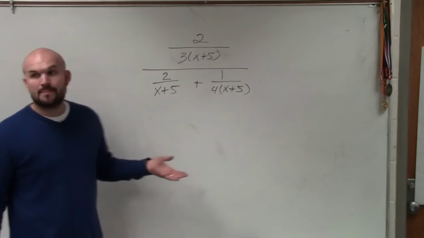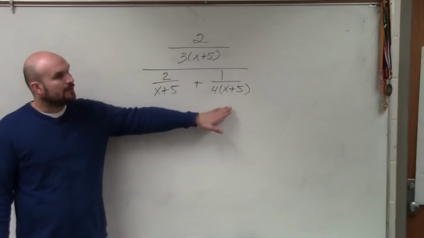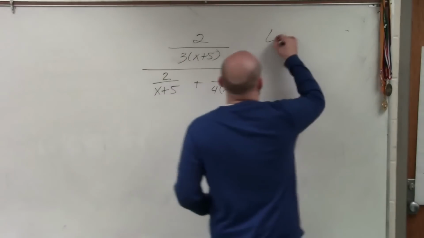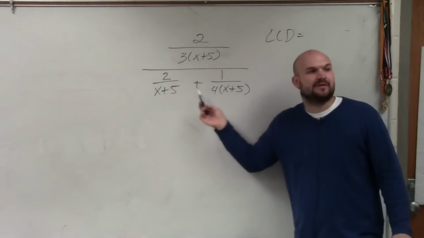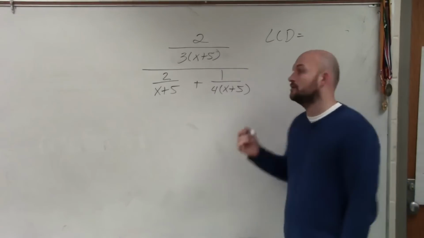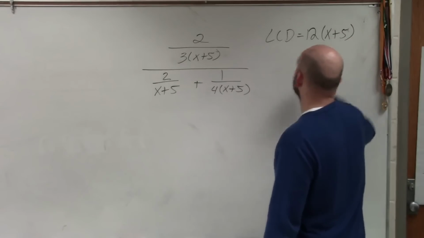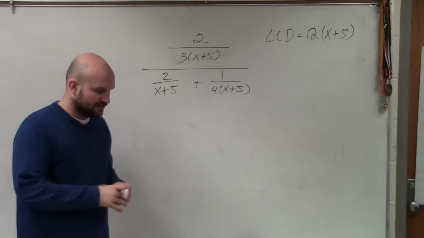It was 4x plus 20. So now what I want you guys to understand is my common denominator is not just x plus 5, but it's also the common denominator of 3 and 4, which is 12 times x plus 5.